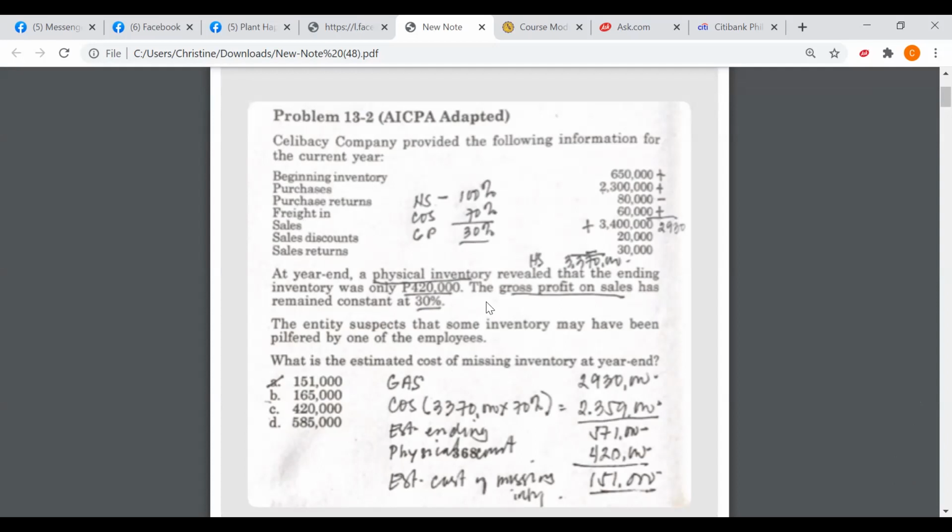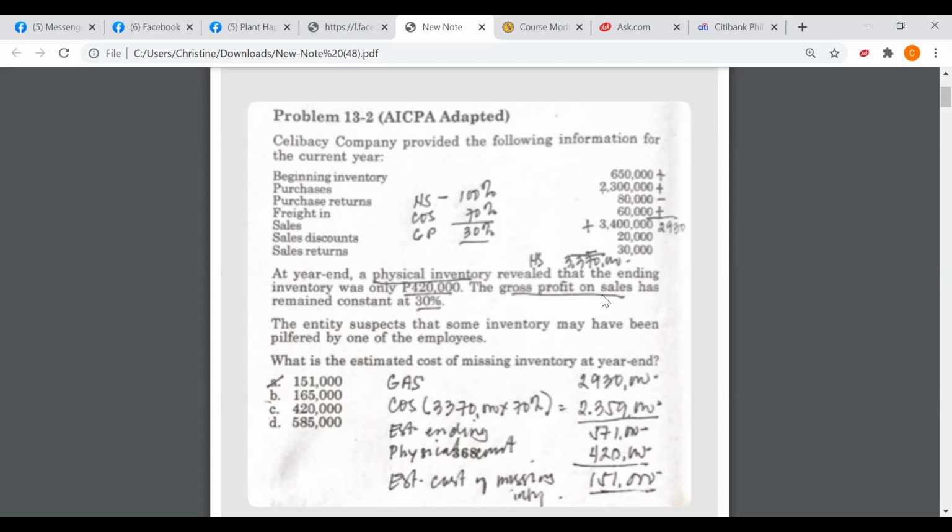So since we are using the gross profit method of finding our estimated cost of ending inventory and looking for our missing inventory, it is necessary that at the start, you should look for how your gross profit is computed, or what's the basis of computing your gross profit, whether it is on sales or on cost.